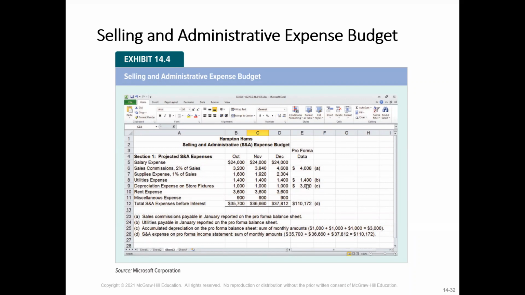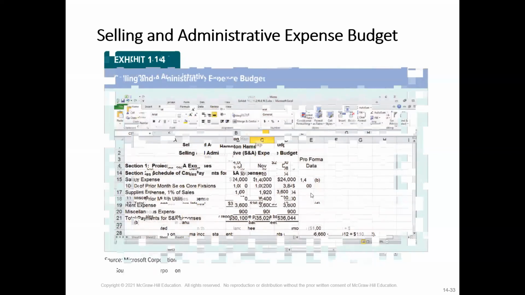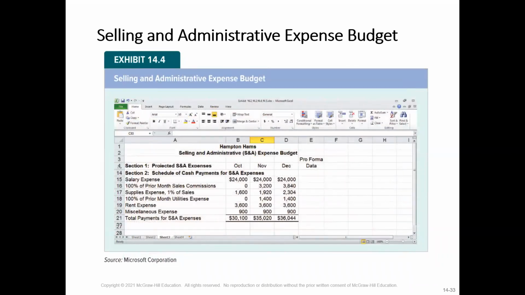So sales commissions, utilities expense, depreciation on store fixtures. There would be a payable factor to sales commissions, to utilities expense, and that would be it there. So our salaries expense, $24,000 per month and paid in the month incurred.